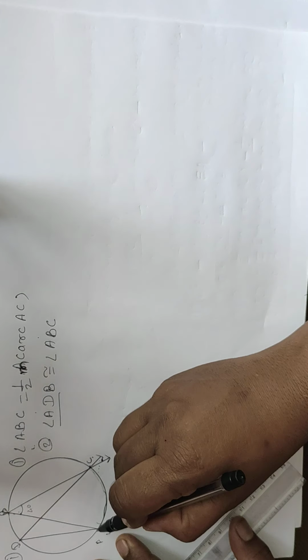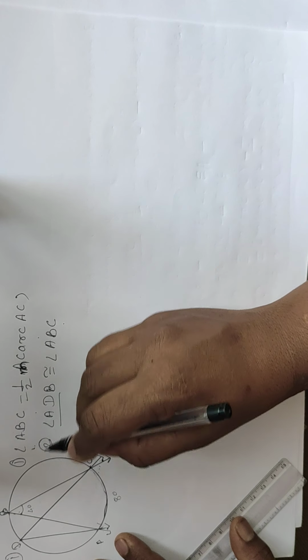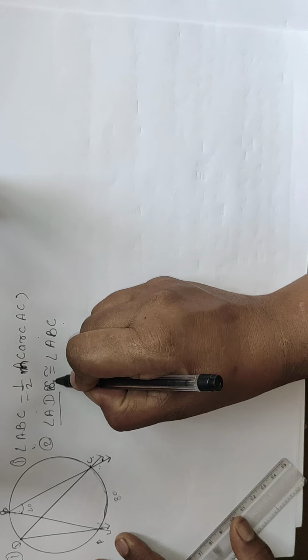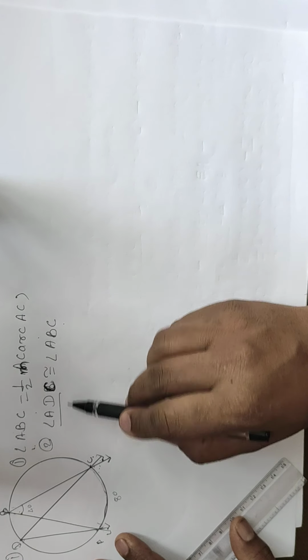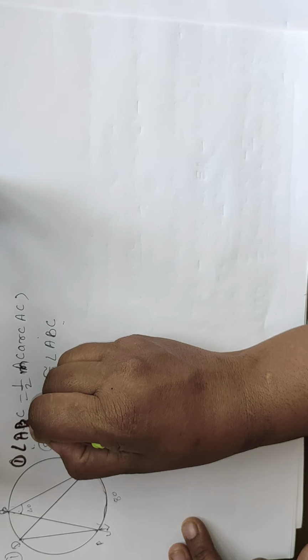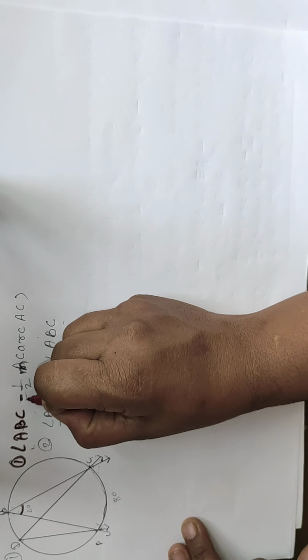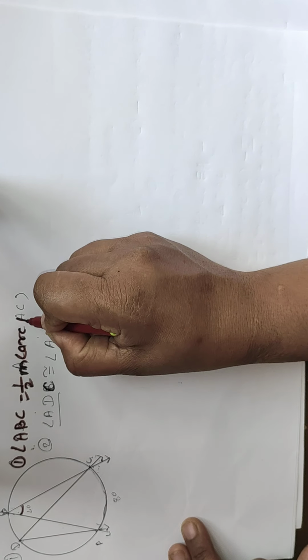Angle ADC and angle ABC are congruent. The reason behind it is that they intercept the same arc. First, we understand that the measure of angle ABC is half the measure of arc AC.